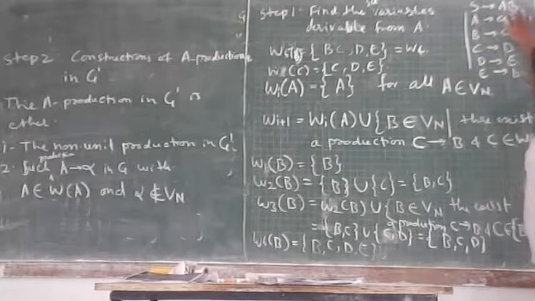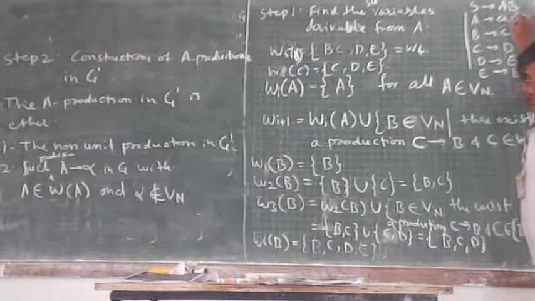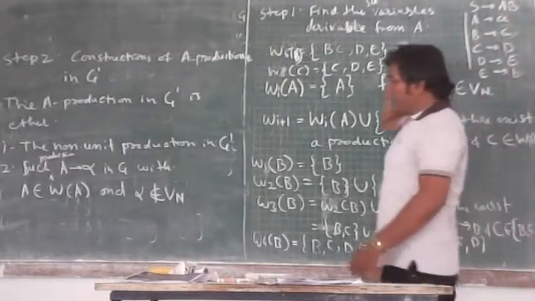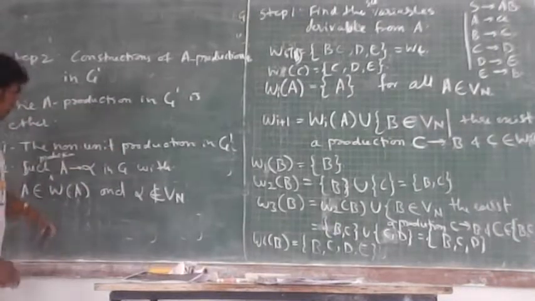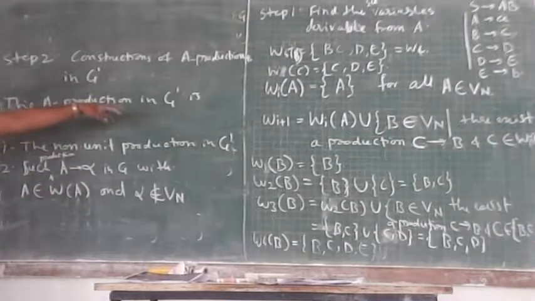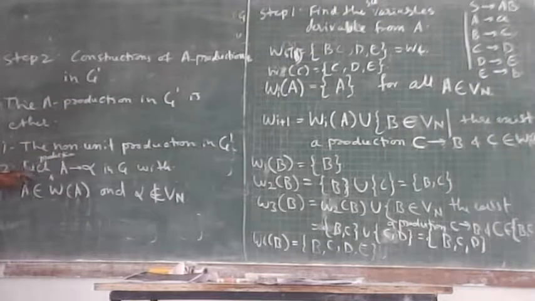So S implies AB. Is this a unit production or a non-unit production? It is a non-unit production. Such non-unit productions you include into P dash of grammar G dash. After that, see what to do. Then what to do with the remaining ones? Productions such that A implies alpha in G with A belonging to W A. Suppose you are calculating for A production.